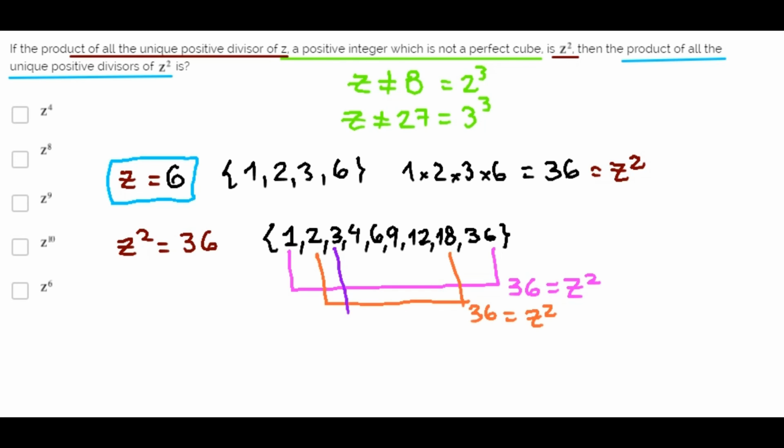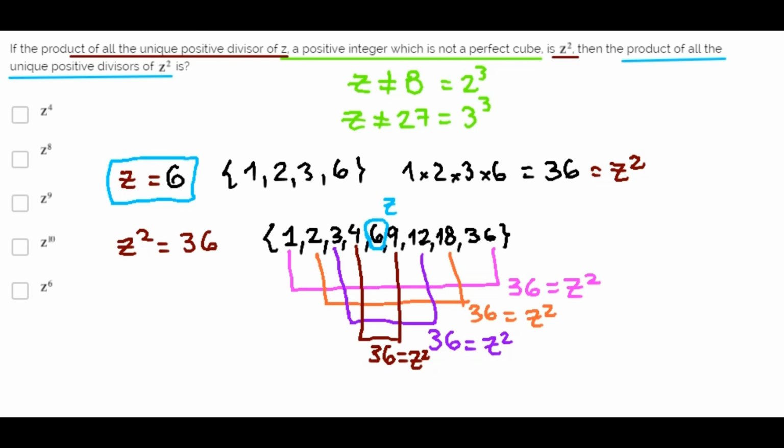Now 3 times 12 is 36, z squared. Here 4 times 9 is 36, z squared. And finally we have number 6, which is z.